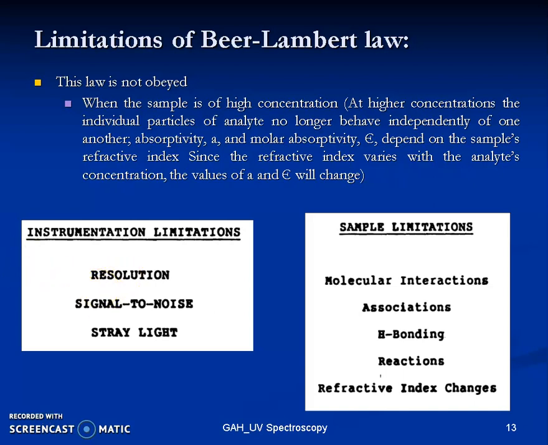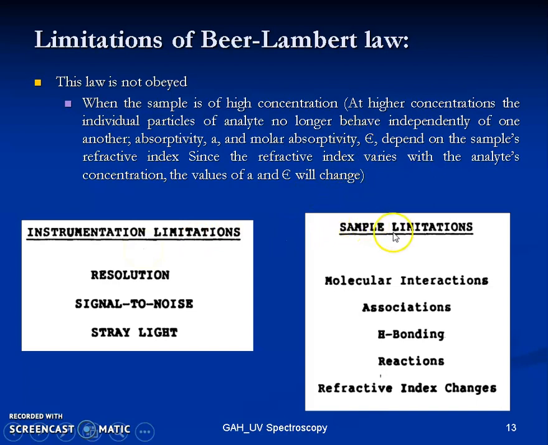Coming to resolution, that is also one of the instrument limitations. Resolution is where two closely lying things should be differentiated properly. If they are not differentiated properly, then we say it is of poor resolution. So these are the things with respect to the instrument side.